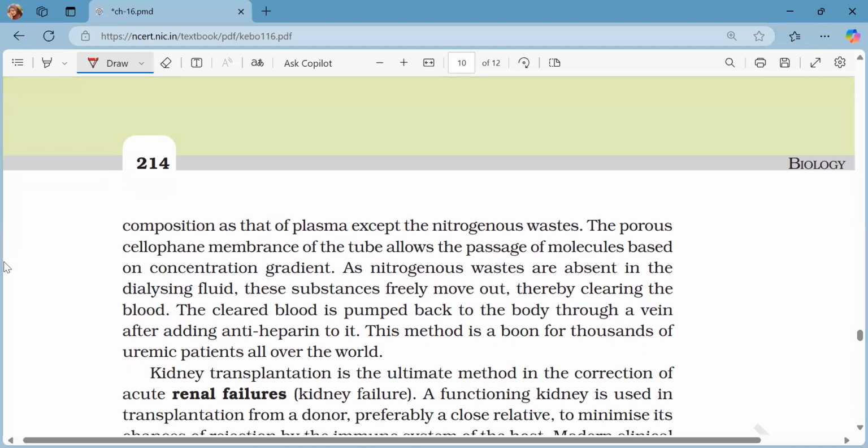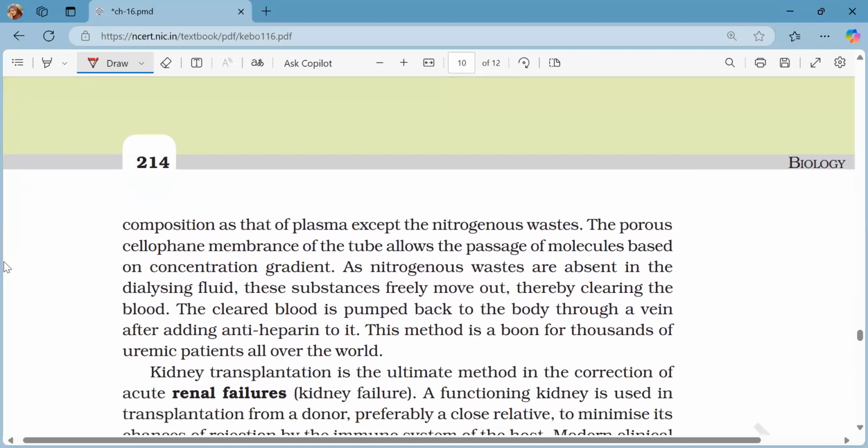So, by diffusion, the nitrogenous waste from our blood will move into the hemodialyzer. As nitrogenous wastes are absent in the dialyzing fluid, these substances move out, clearing the blood. The cleared blood is then pumped back into our body by a vein after adding anti-heparin to it. Heparin is something that will not allow the blood to coagulate. This method is temporary, but it helps a lot.